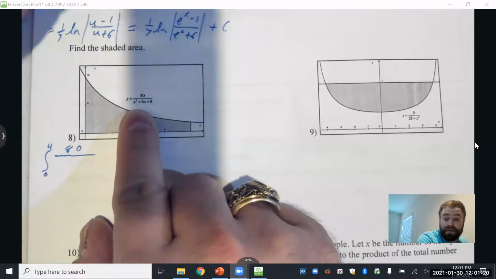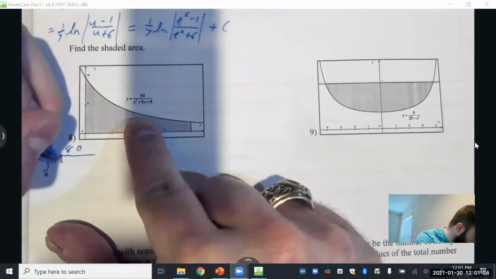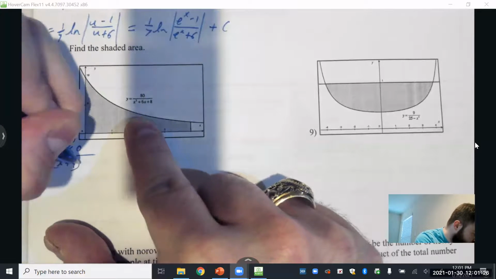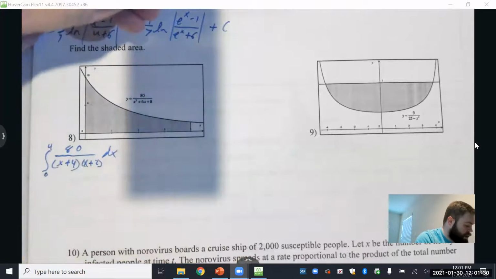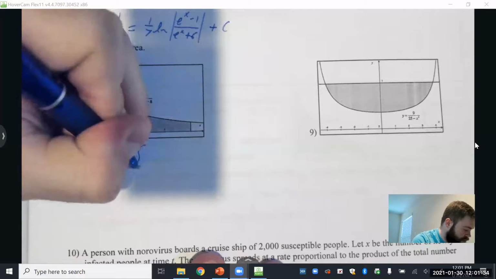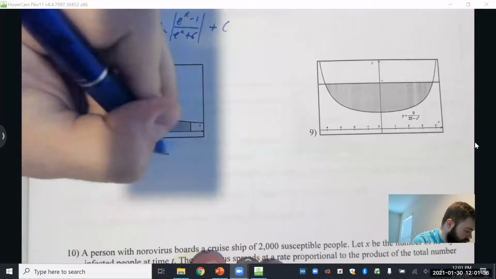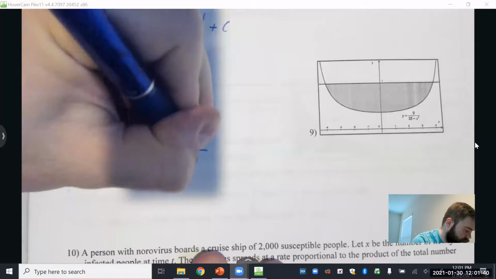What multiplies to get 8 and combines to get 6? Well, that'd be 4 and 2. So we have (x plus 4)(x plus 2). Well, then that's going to have to become the integral from 0 to 4 of something over x plus 4 plus something over x plus 2.